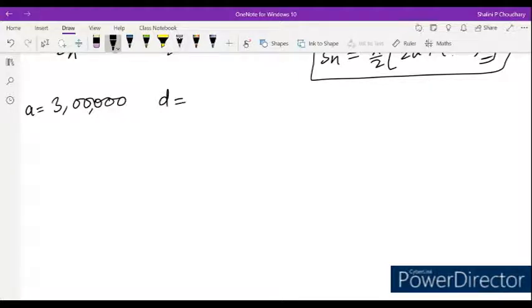That means the common difference: every year he gets 10,000 more. So in the second year it will be a plus d, that is 3 lakhs 10,000. In the third year it will be a plus 2d, that is 3 lakhs 20,000. Like this it goes on for the next 19 years.